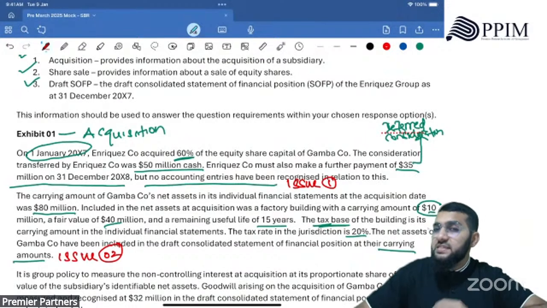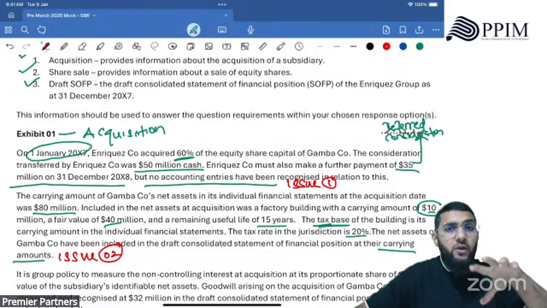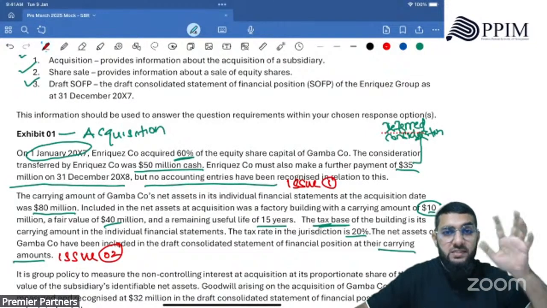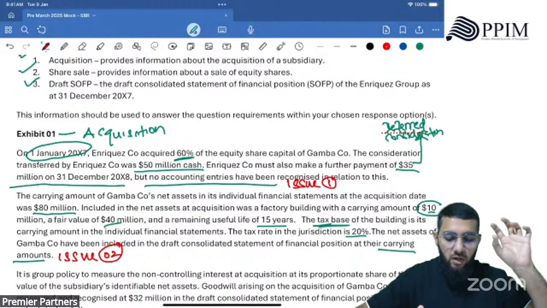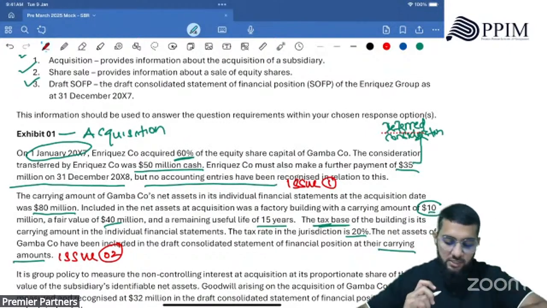It says that you need to carry your net assets at their fair value and not their carrying amount. But what have they done here? They've used carrying amount. Tax base again on carrying amount. So there needs to be a fair value uplift, fair value enhancement, or fair value adjustment. That's issue number 2.